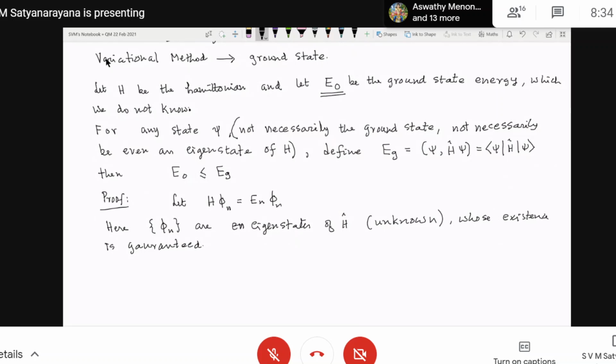Correct? That is what we have studied in our earlier postulates. So they not only exist, whose existence is guaranteed, but they also form a complete orthonormal basis.